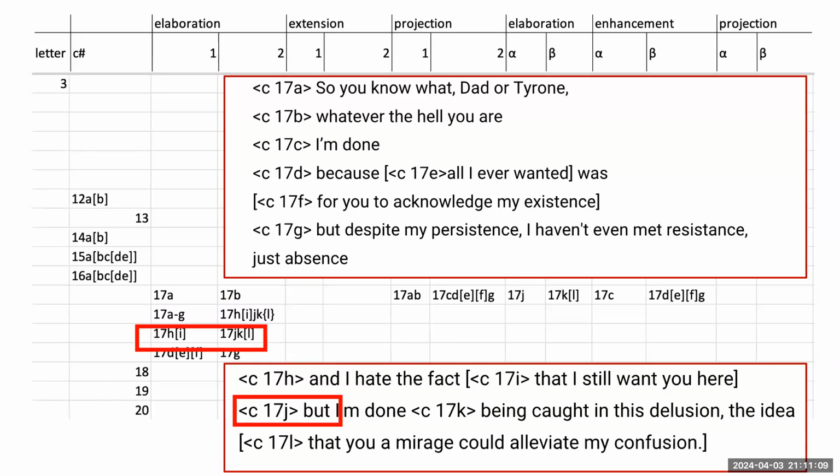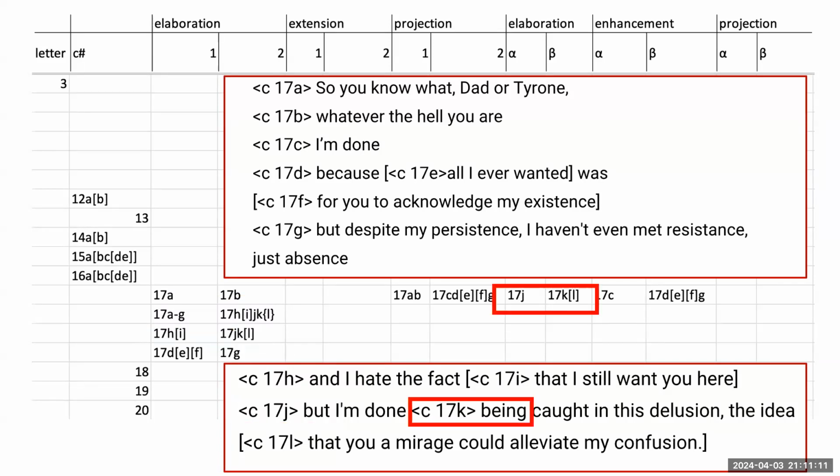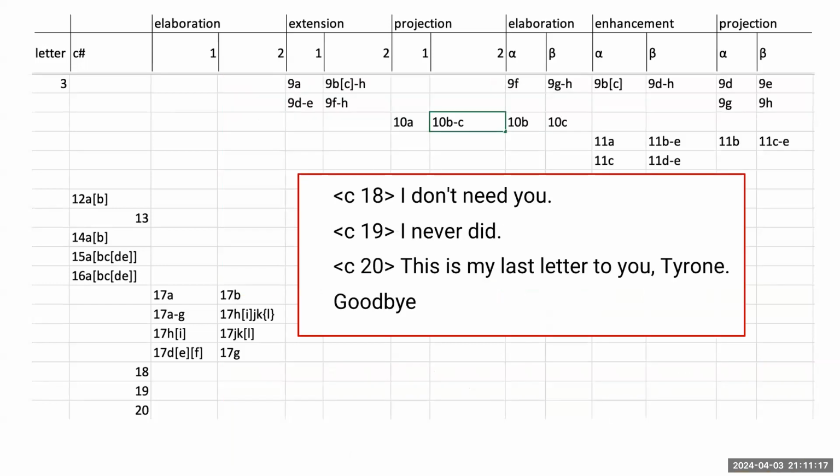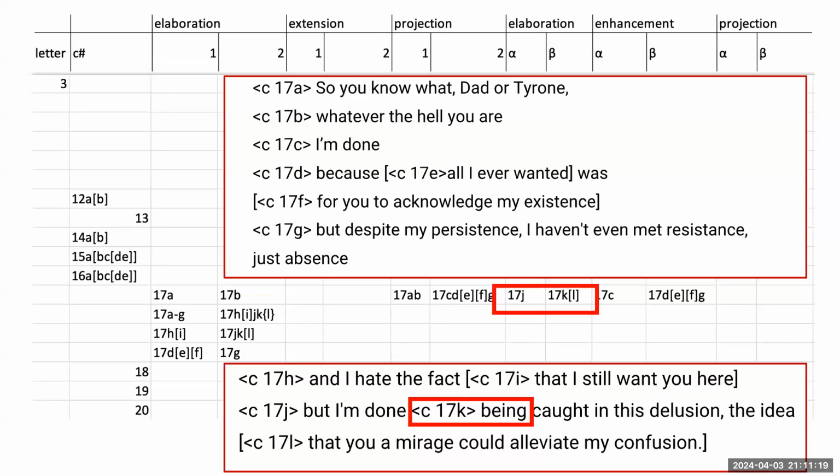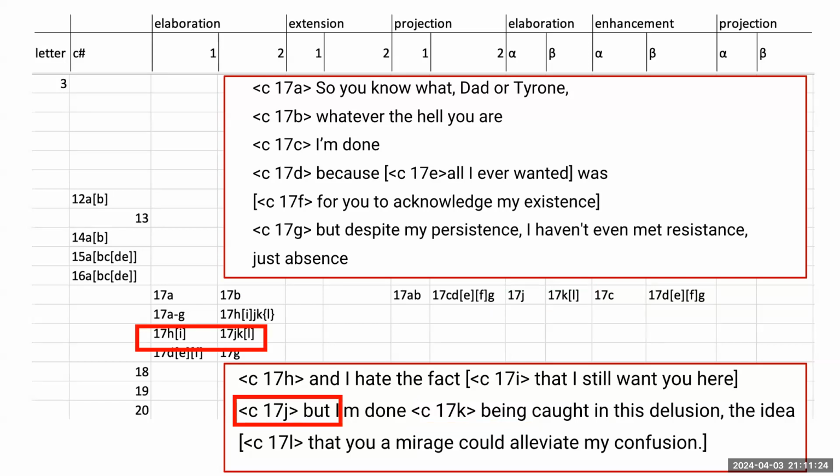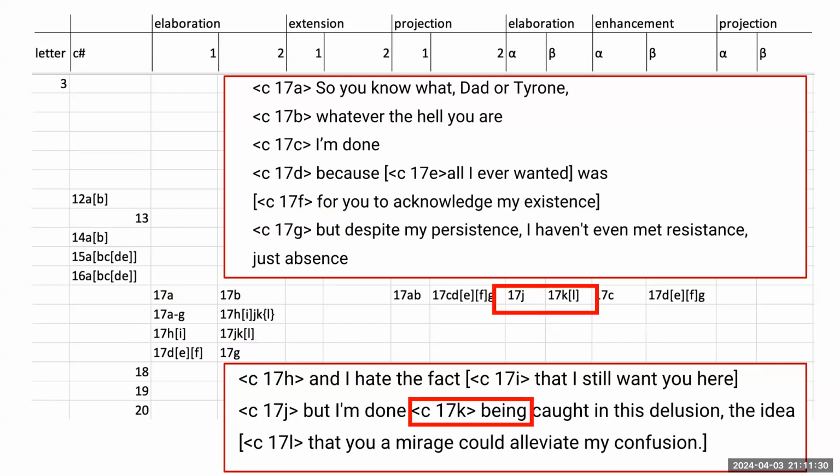But I'm done. Being, again, is a kind of hypotactic elaboration. I took it as paratactic elaboration here, but this part here, you could have also said that it was paratactic extension.